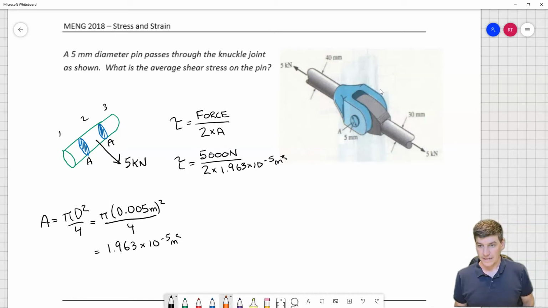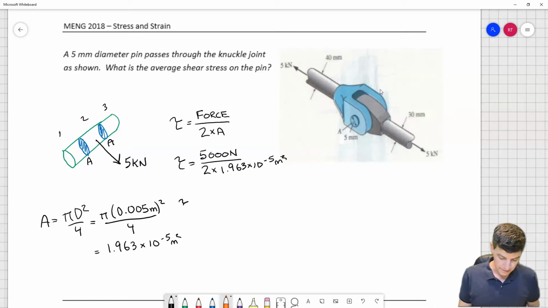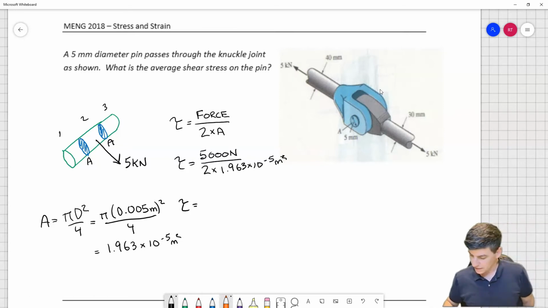Either use brackets, or work out your bottom value first and do multiple steps. I would urge you to make sure that you can do that calculation. And if you can't, let's work together during a tutorial session and make sure we understand how to punch that into our calculator. So 5,000 divided by 2, and then divide it by the area.